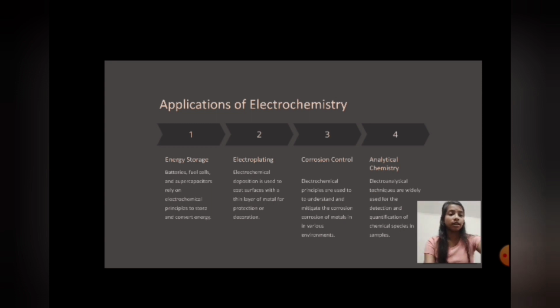Electrochemical principles are used to understand and mitigate the corrosion of metals in various environments. Analytical chemistry. Electroanalytical techniques are widely used for the detection and quantification of chemical species in samples.